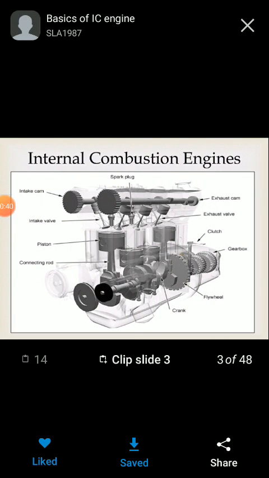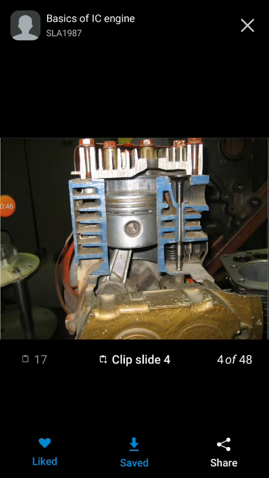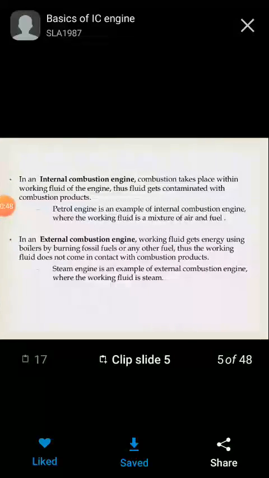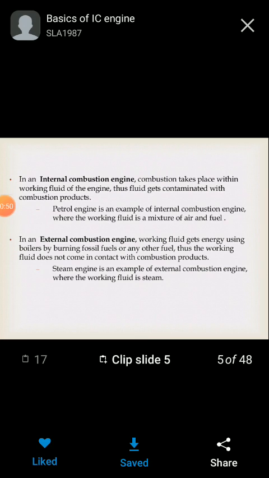In an internal combustion engine, the combustion takes place within the working fluid of the engine. Thus, the fluid gets contaminated with the combustion products. The petrol engine is an example of an internal combustion engine where the working fluid is a mixture of air and fuel.